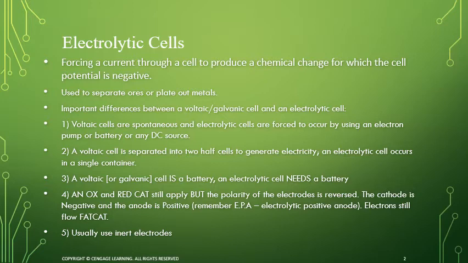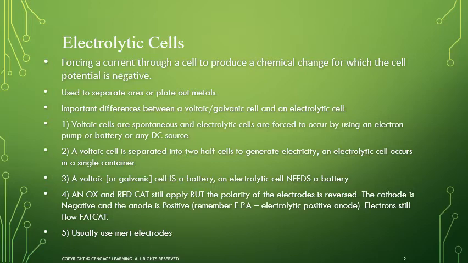There's a couple of very important differences between the voltaic or the galvanic cells and an electrolytic cell. Number one, the voltaic cells, again, are spontaneous or thermodynamically favorable, and the electrolytic cells are forced to occur by using an electron pump or a battery or any direct current source, DC source. The voltaic cell is separated into two half cells to generate electricity.